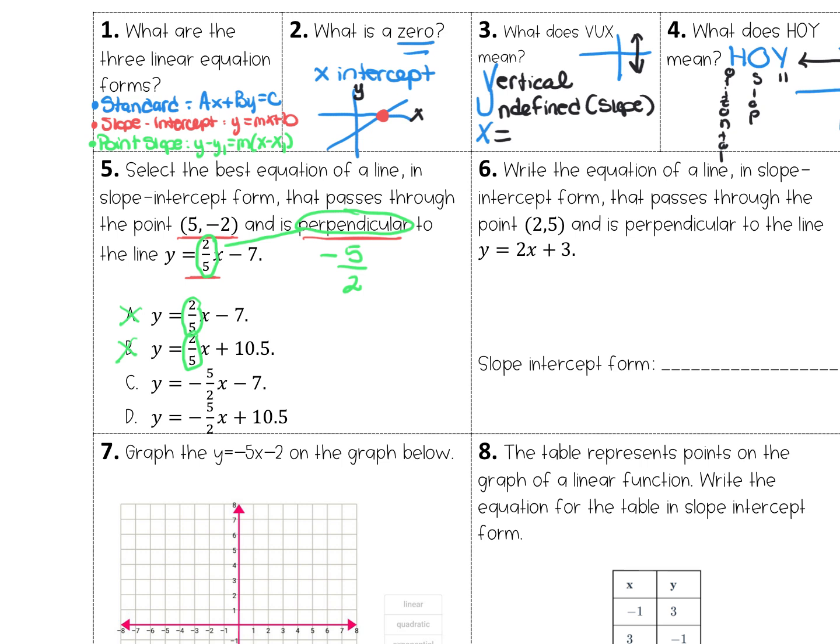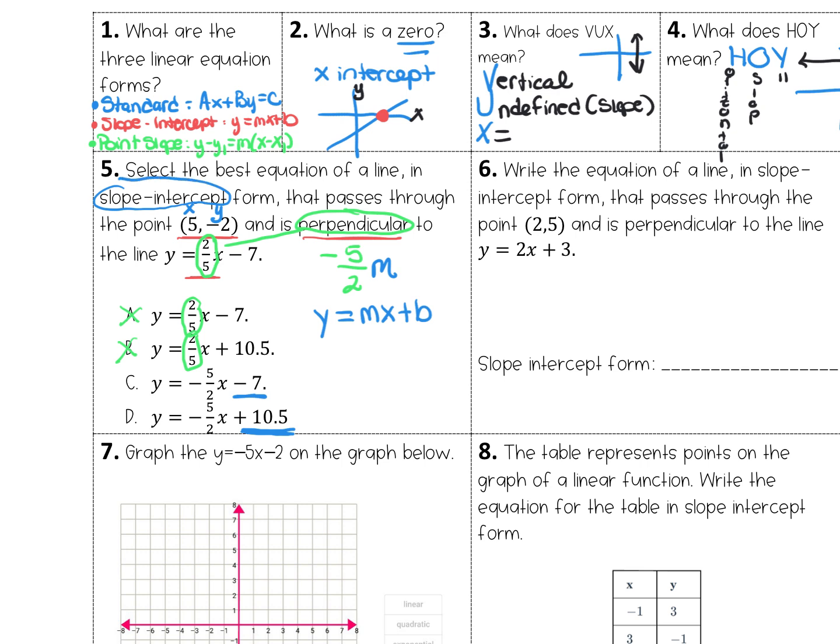So now I have an equation where I know this is my m, this is x, and this is y. I don't know whether the answer has a minus 7 at the end or a plus 10.5. So I'm going to write my equation. y equals mx plus b. That's my slope-intercept form right here.